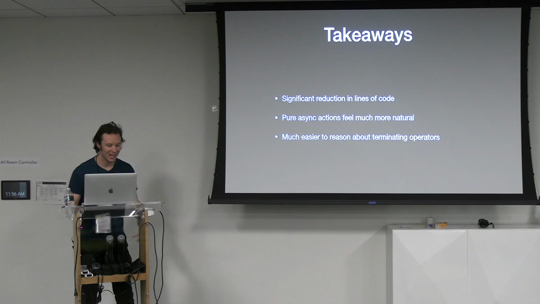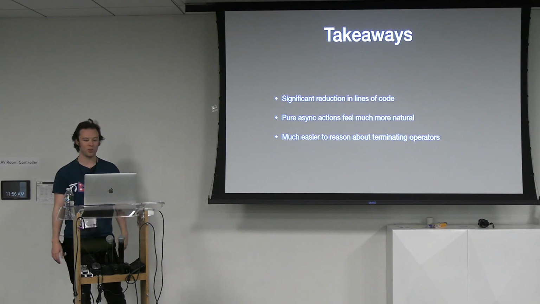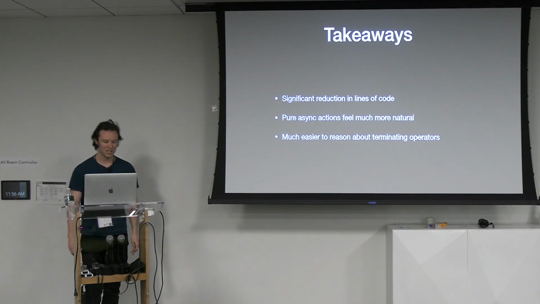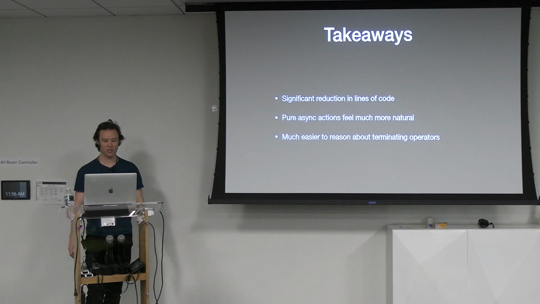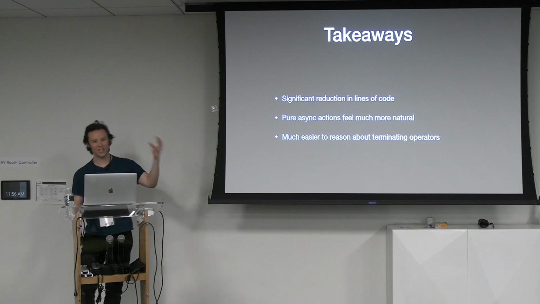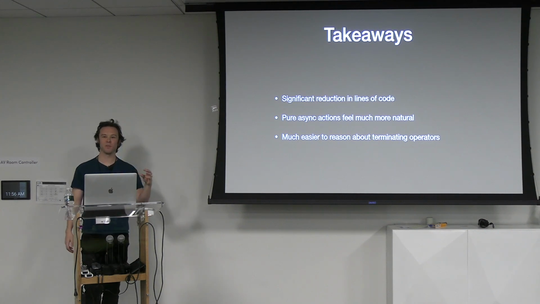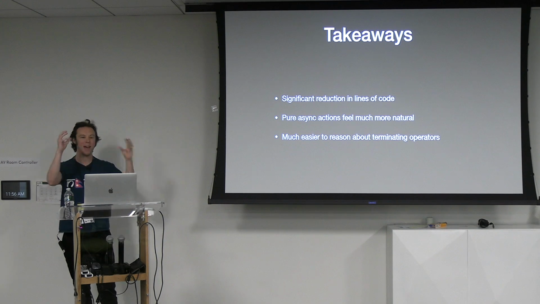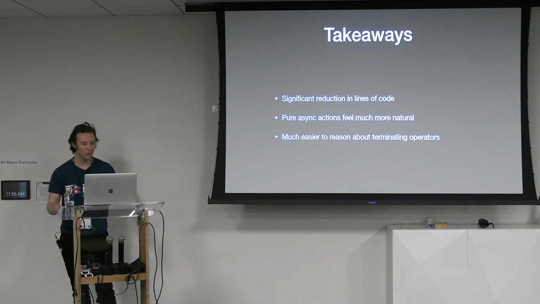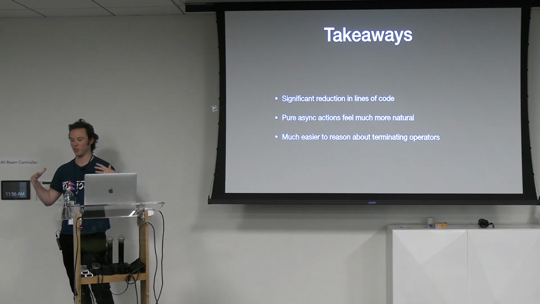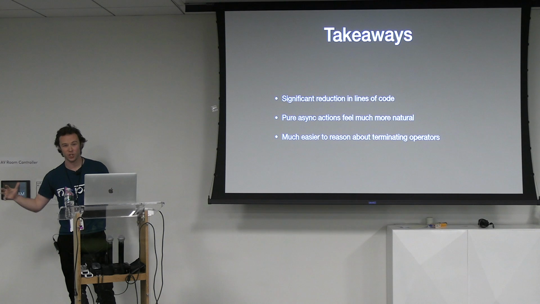Few other takeaways I had from that process. Like I talked about before, big reduction in lines of code. Also, like I was saying before, these pure async actions just feel way more natural. I didn't realize how complex it was to go from a single to a completable to an observable. You have these flat map chains, and we weren't using flat map in the way you typically use it, if you're combining lists or really combining streams.